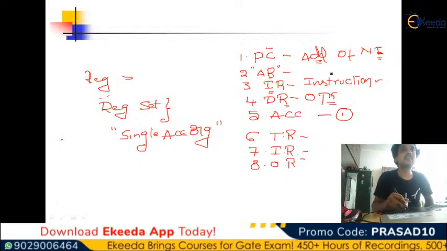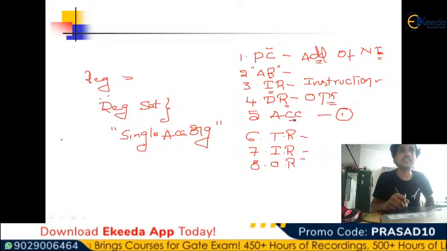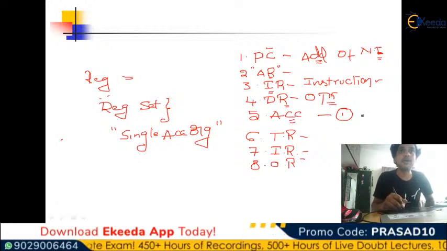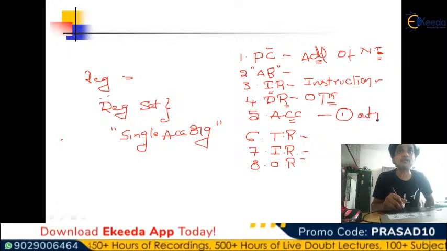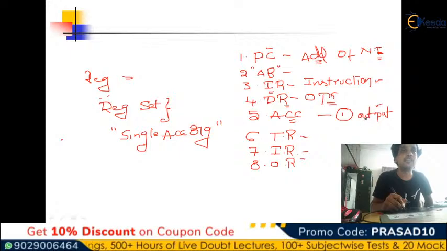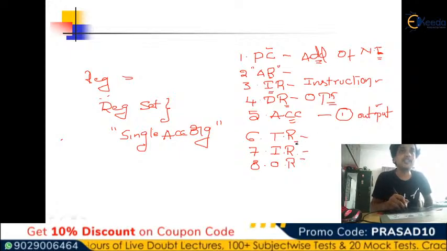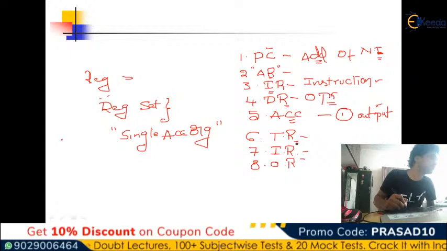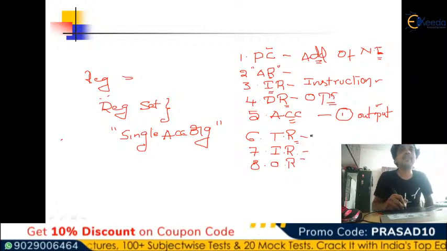The accumulator. What is this accumulator? This accumulator is going to hold the output of every instruction. The temporary register is going to hold the temporary data elements.